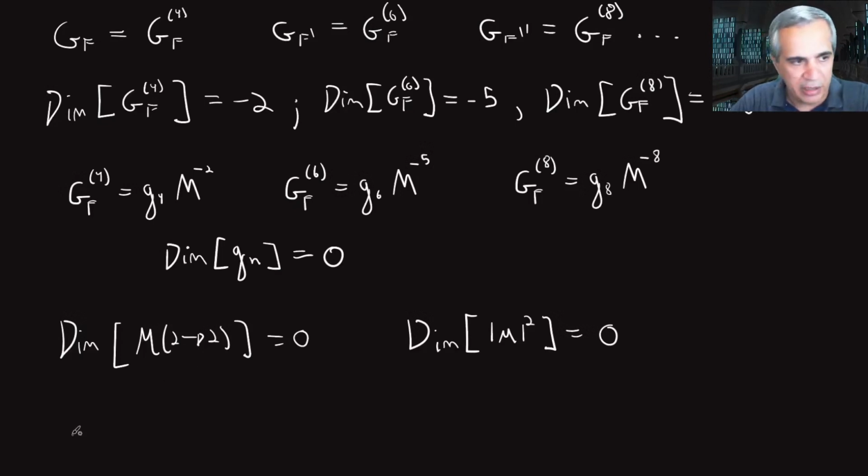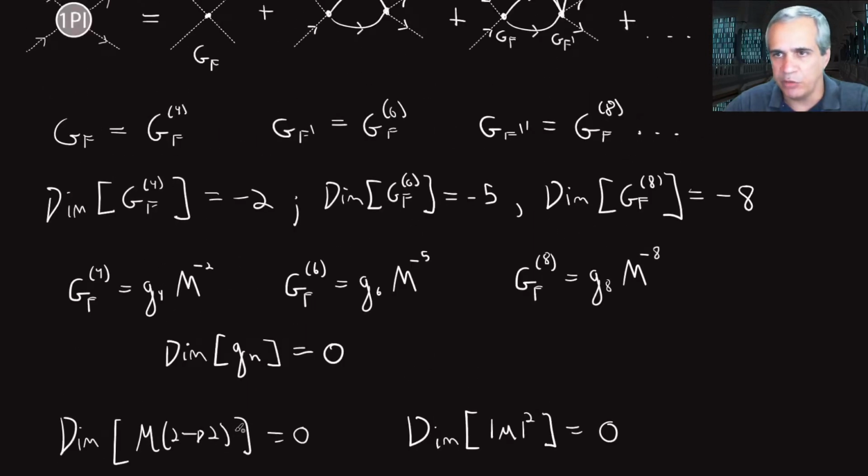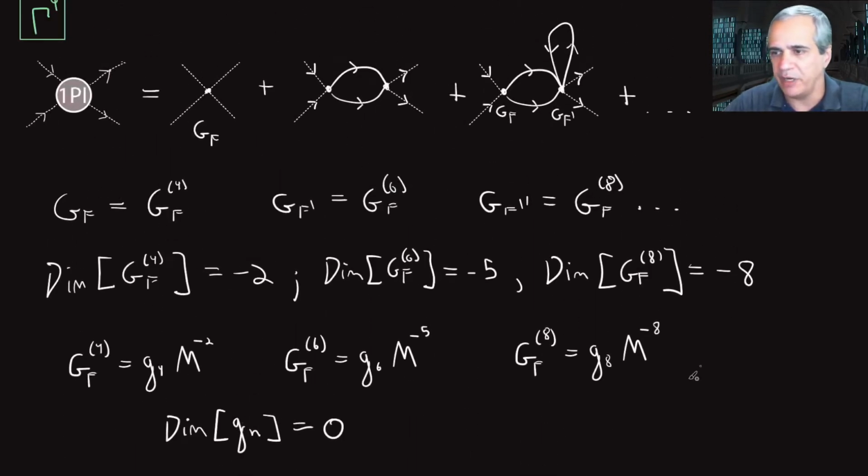This is important because then I can estimate how these guys scale with the external momentum. So if I take the modulus of M for 2-to-2 squared, this will receive contributions from all these operators, as I said.